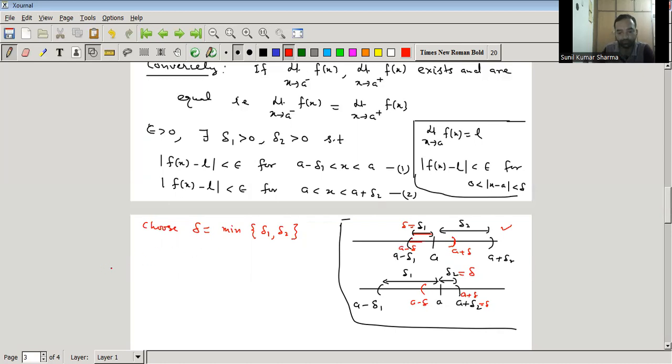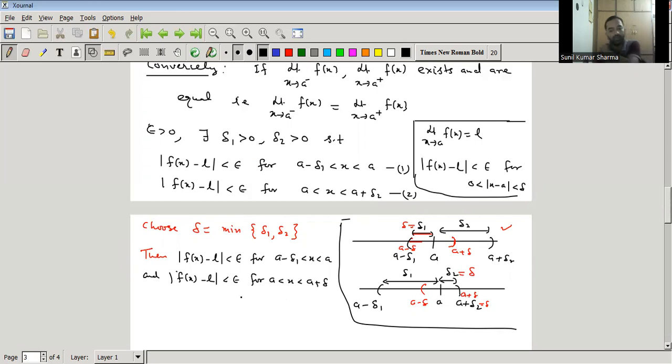Then mod f(x) minus L is less than epsilon for a minus delta 1 less than x less than a, and mod f(x) minus L is less than epsilon for a less than x less than a plus delta.